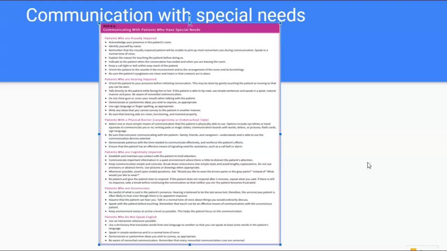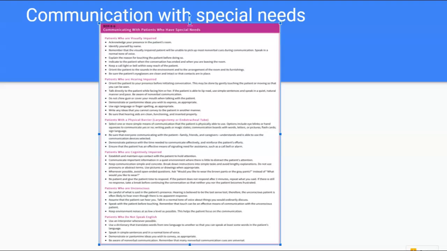Cognition is one of them. What about patients who are unconscious? And then patients who don't speak our language. Those are some considerations. And then this table here has some really good recommendations on how to speak to people or patients with special needs.